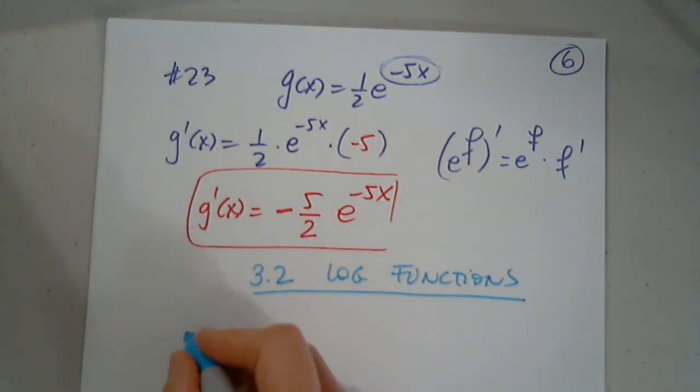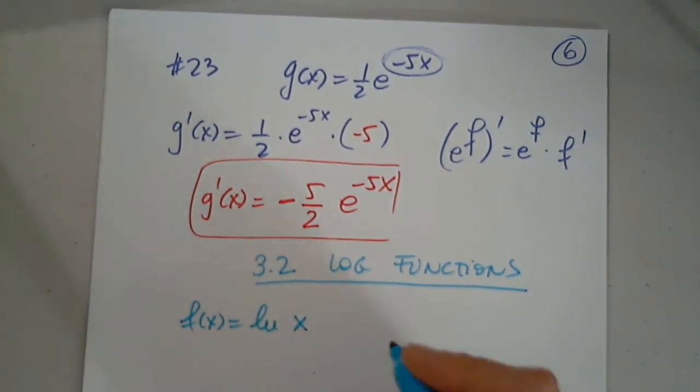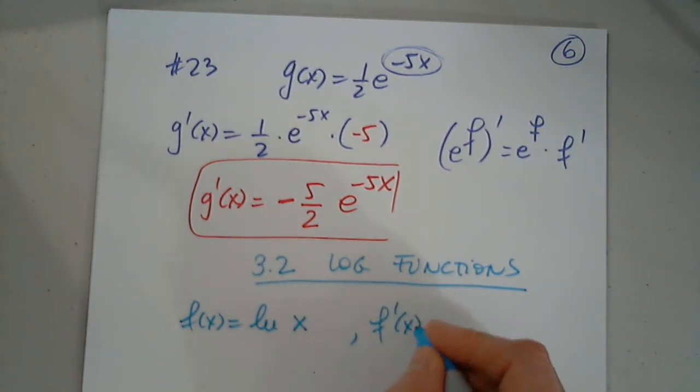So if a function is given as natural log x, simple log, the derivative of this function is 1 over x.